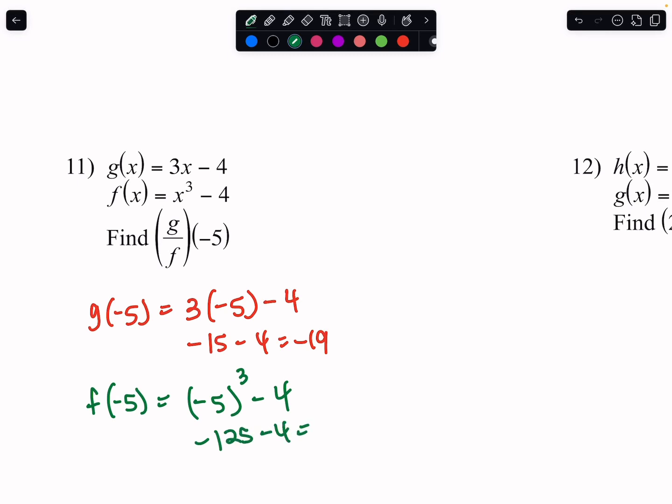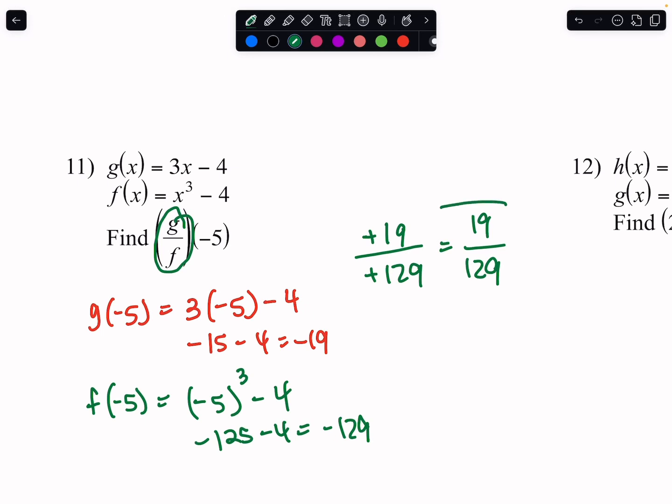Minus 4 equals -129. And our rules say we're going to take our 2 answers and divide them. So we end up with -19 over -129. And a negative divided by a negative is a positive. So we really want just to put 19 over 129. That is that final answer.